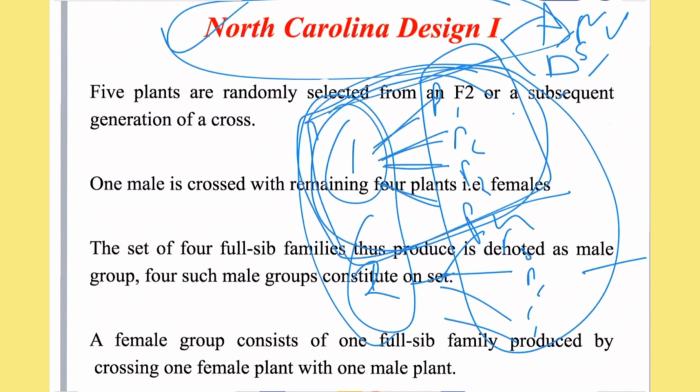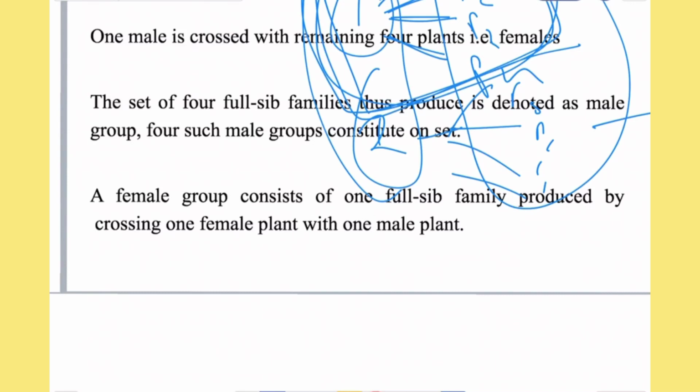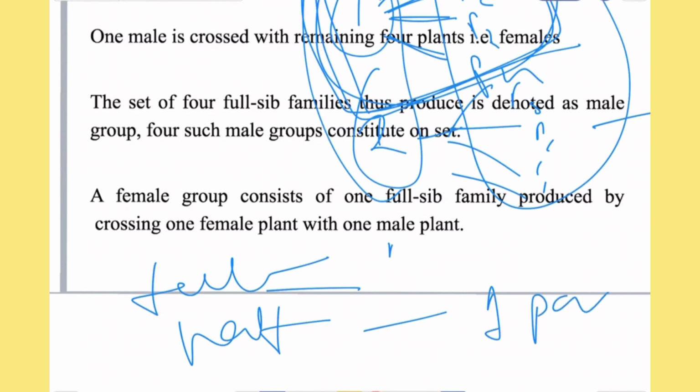It constitutes a set, a complete set of full sib families. Full sib means both parents are common, and half sib means only one parent is common in the cross.